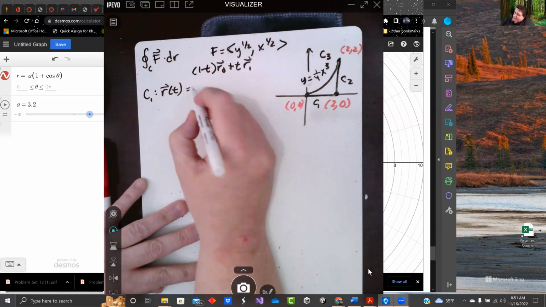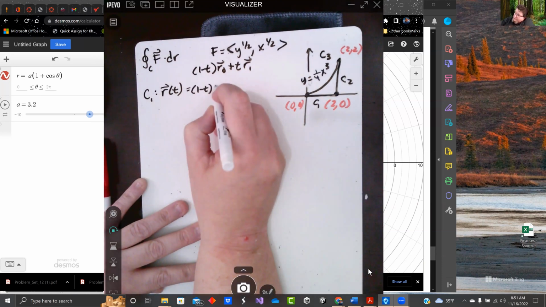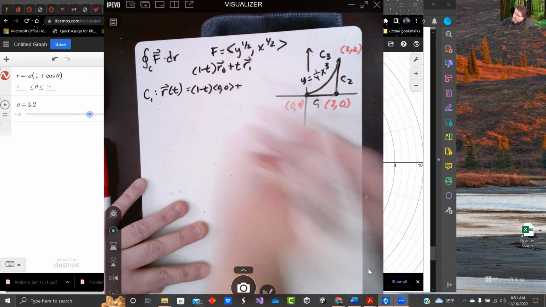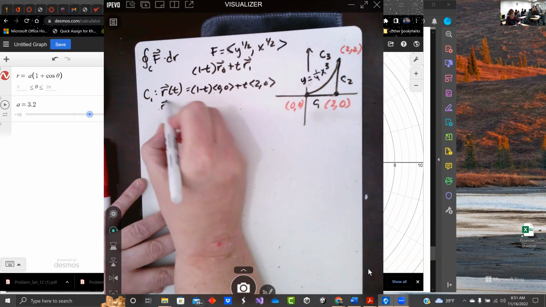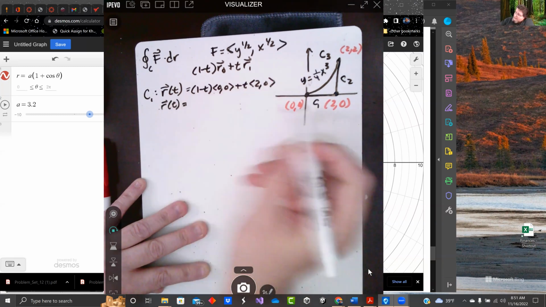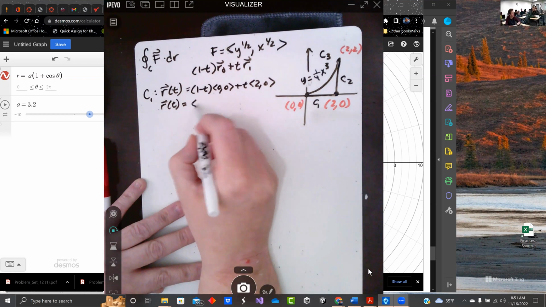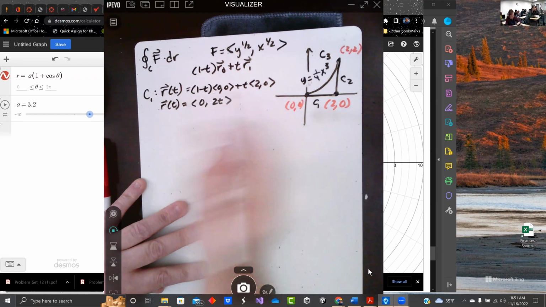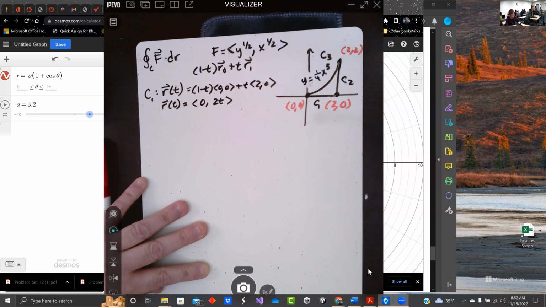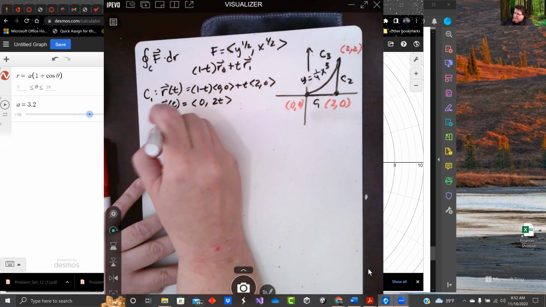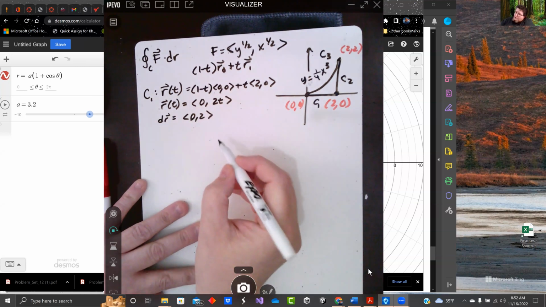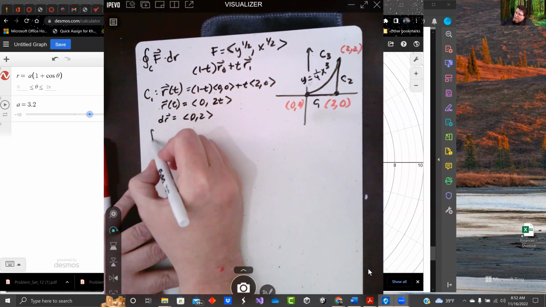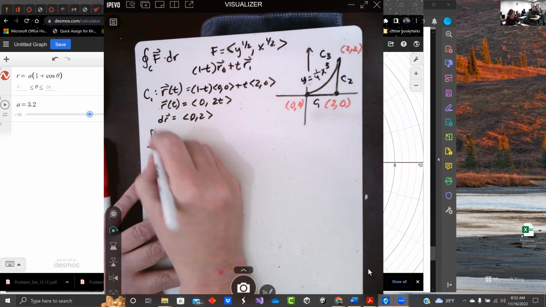So we've got 1 minus T times R naught, which is 0, 0, plus T times 2, 0. So R of T is 0 and 2T. So dr is 0 and 2, which means for the line integral we're looking at, t has to go from 0 to 1.